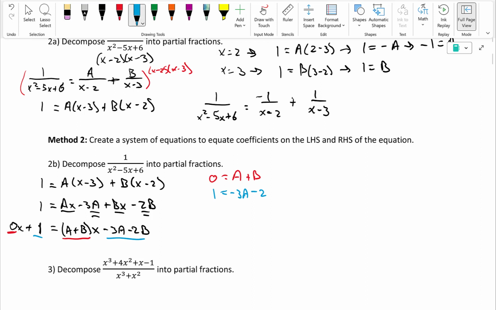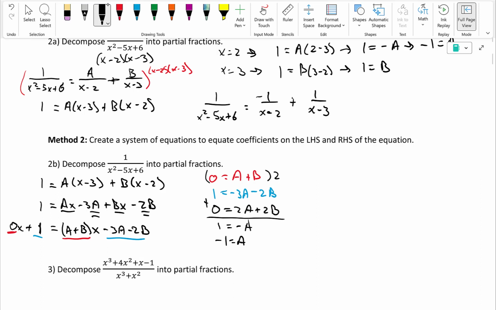And so system of equations, you can do a couple different ways with substitution or elimination. Might as well just multiply the first equation by 2 here. That'll make it nice. I'll write it underneath. 0 equals 2A plus 2B. And if we add these two together, I get 1 equals minus A, or minus 1 equals A again.